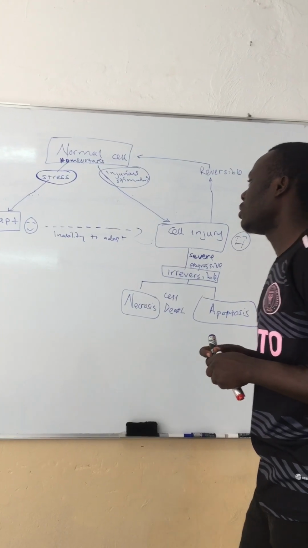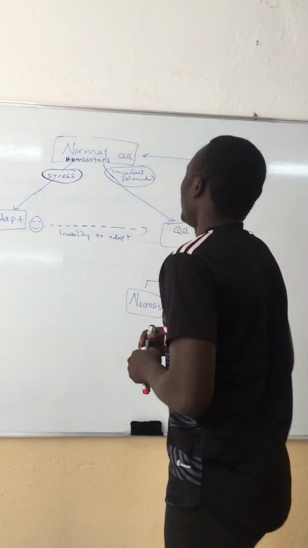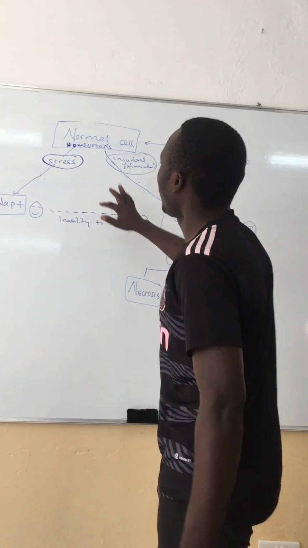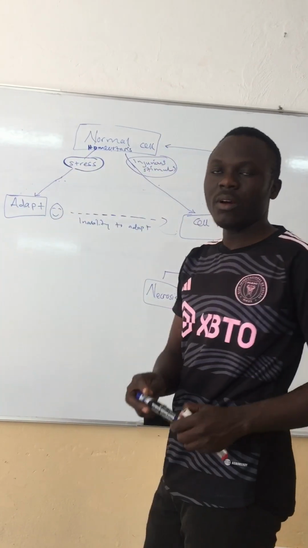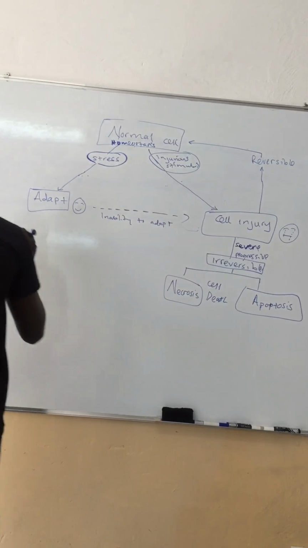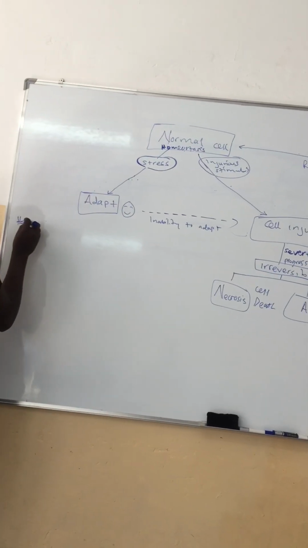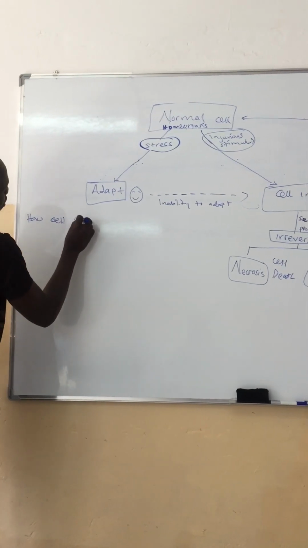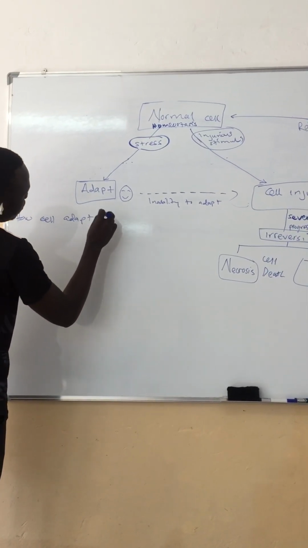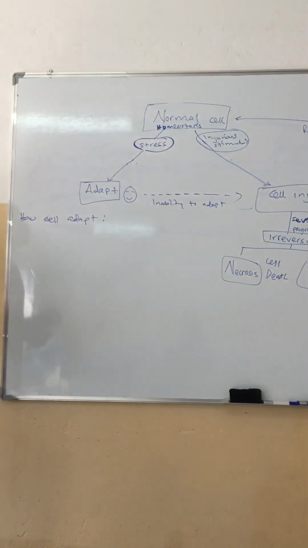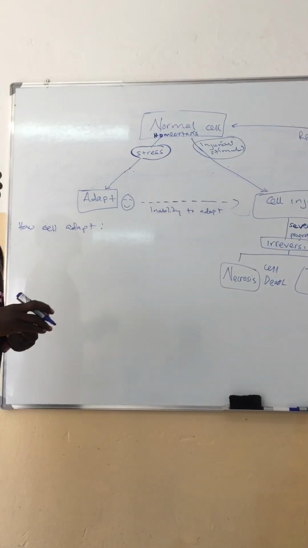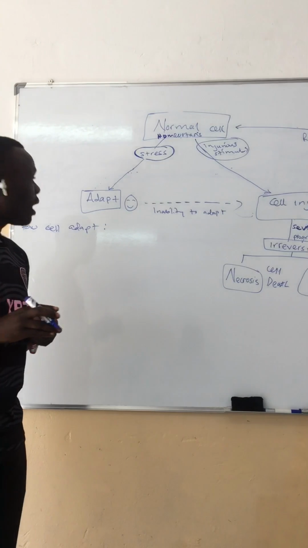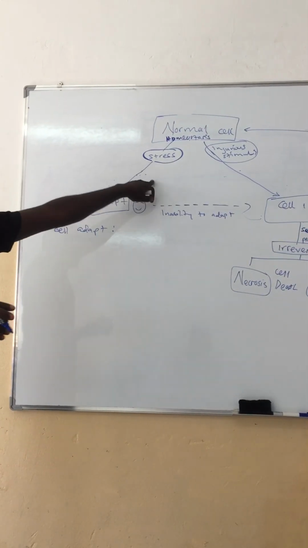So number one, how does the cell adapt? We'll talk about 3 or 4 major ways in which the cell adapts to this stress.